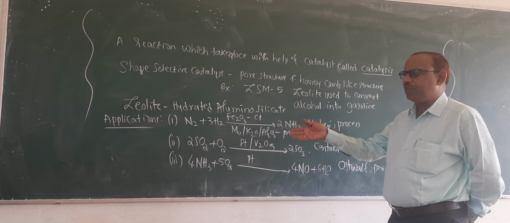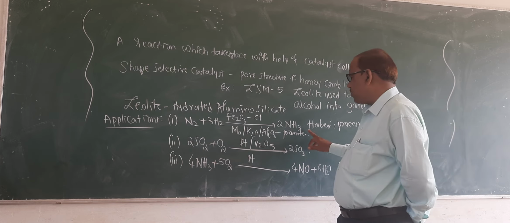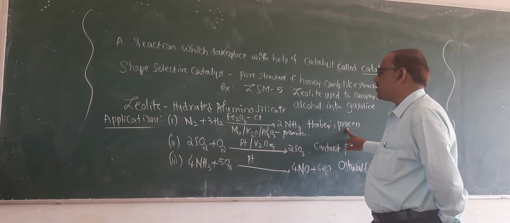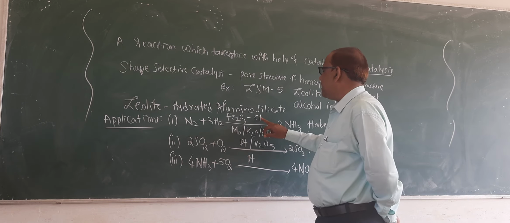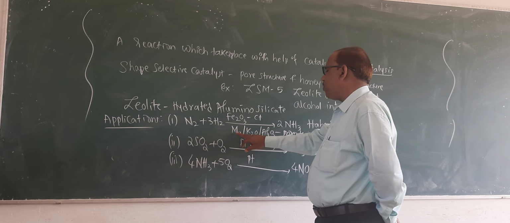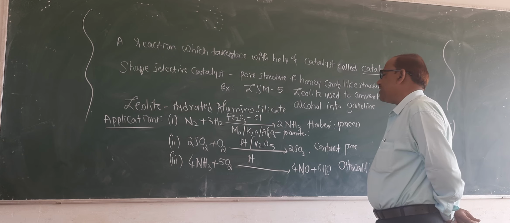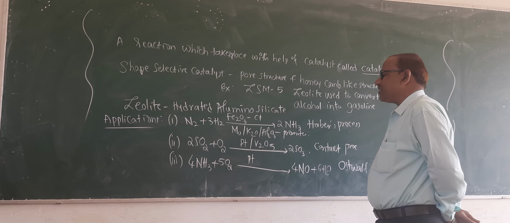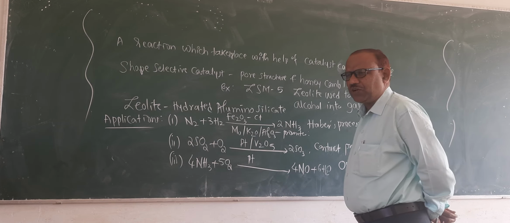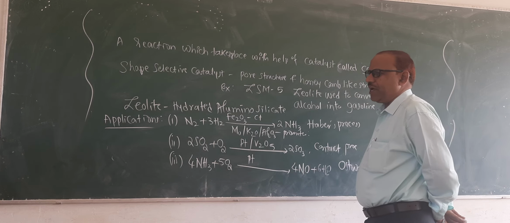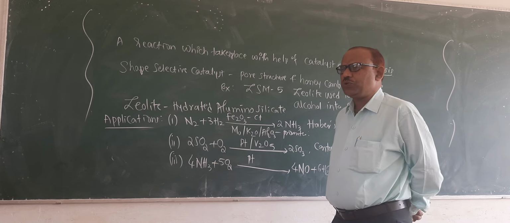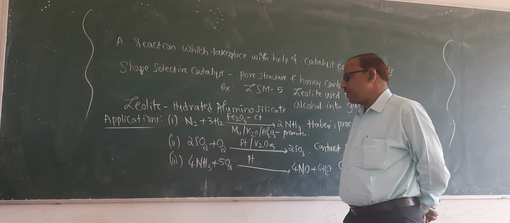During the manufacture of ammonia by the Haber process, iron oxide is used as a catalyst, and molybdenum or potassium oxide or aluminum oxide is used as a promoter. Writing the reaction is not necessary, but I have written it because it is easy to remember the details.